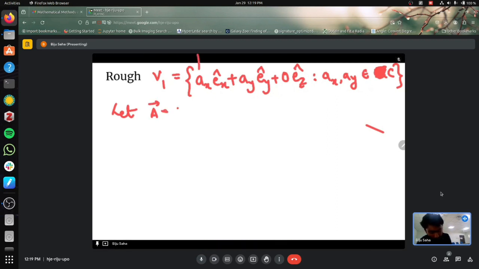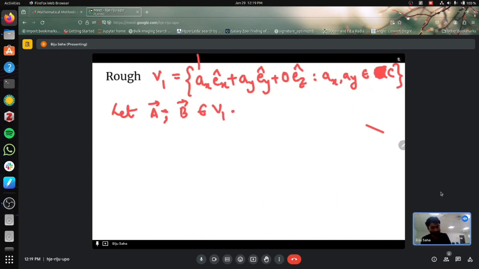So let us pick up A and B vectors from this vector space. Obviously, right now it is not yet established as a vector space, it's just a subset. So I picked up A and B as two elements from this subset.